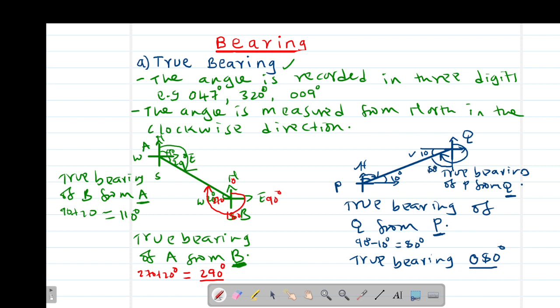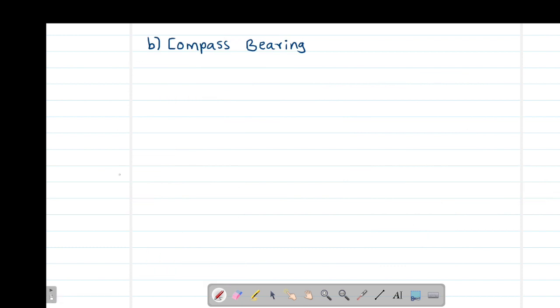Therefore, the whole of this angle will be 180 plus 80 degrees, because from here to this point is 180. So if you take 180, then you add 80 degrees, you are going to record a true bearing of 260 degrees.